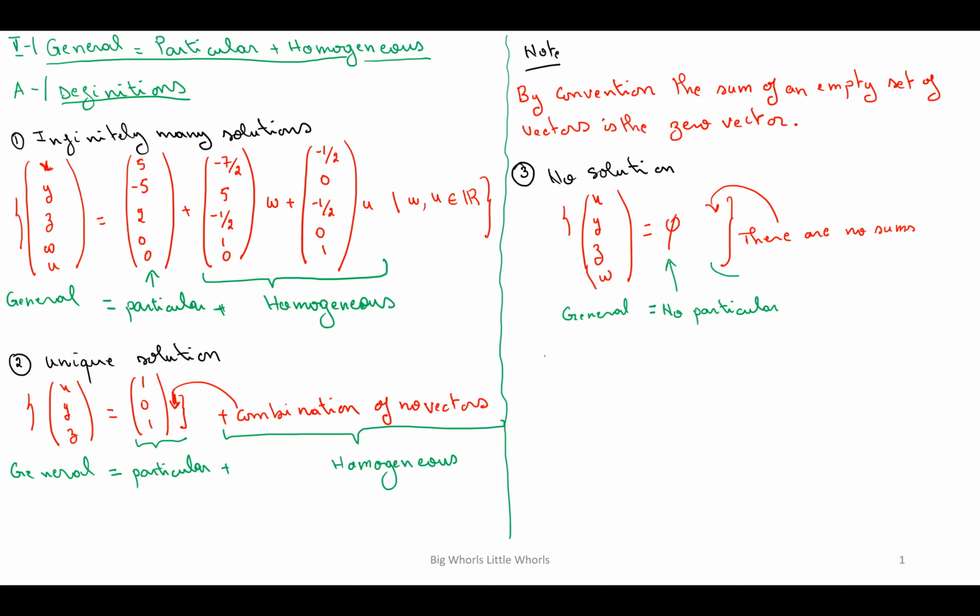So that means here we have the homogeneous part: nothing. Therefore, we have no combination of nothing. So it makes sense.